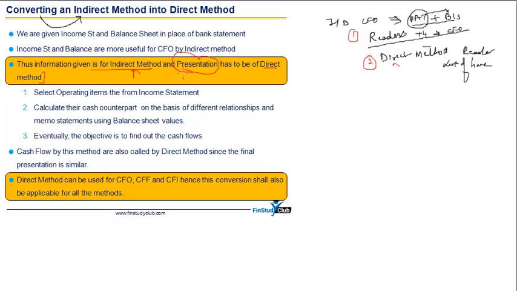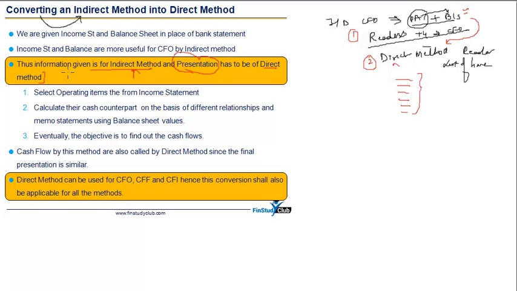So it is using the best of both worlds. The information given will be much neater, cleaner and manageable, which is PAT and balance sheet, and on the other hand the presentation will be absolutely as per the direct method. You can look at the cash flows on the face of the cash flow statement itself.